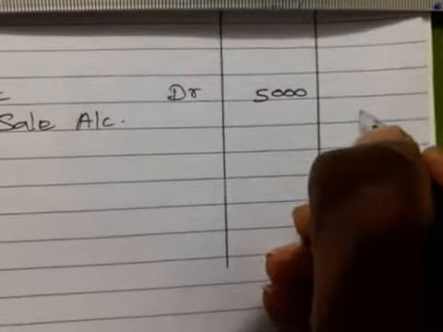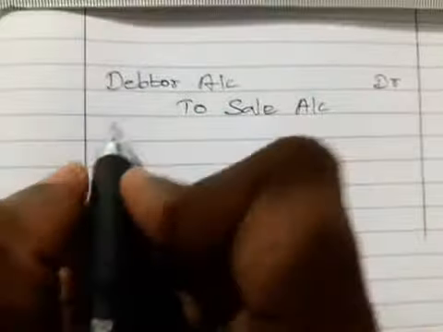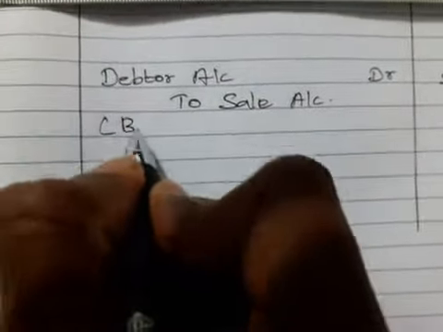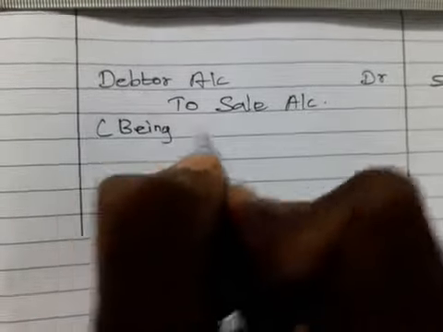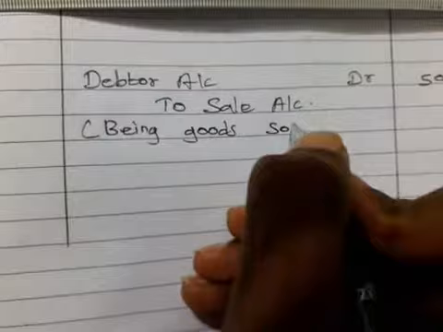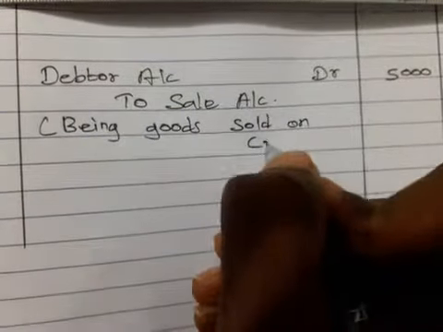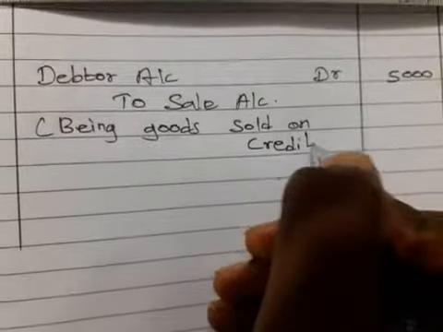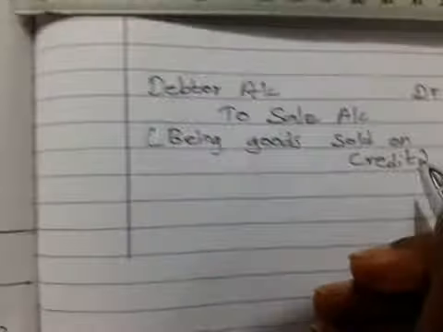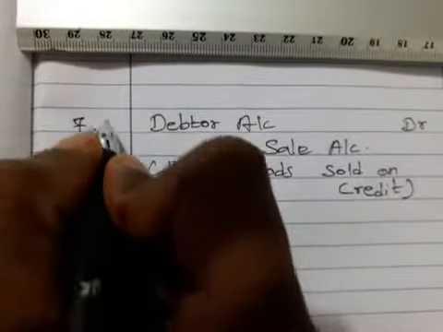Sales increase 5000. Being goods sold on credit. The date is 7th January.